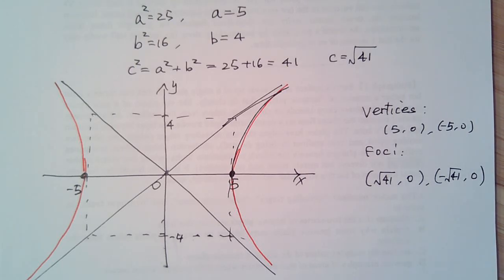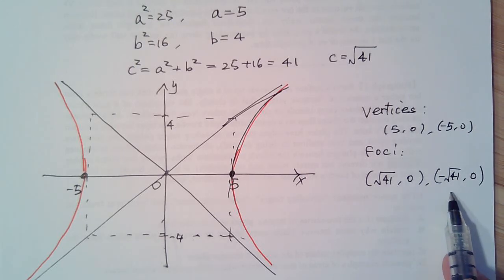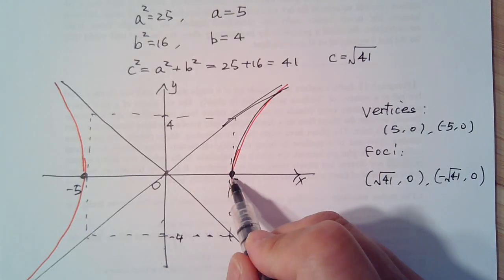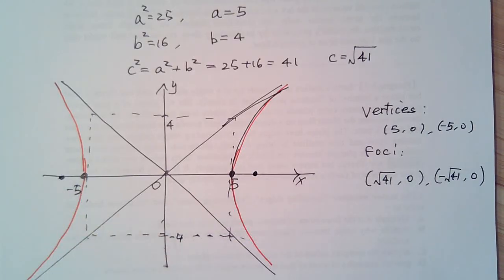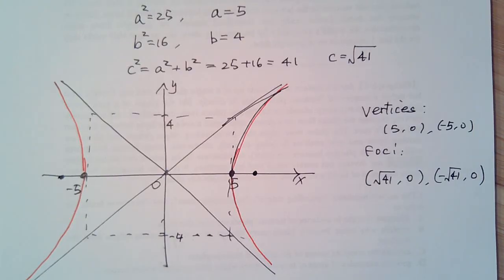That's it. So what is the square root of 41? It's about 6 point something, right? It's between 6 squared, 36, and 7 squared, 49. So it's going to be 6 somewhere here. It's √41. All right, yep, that's good.